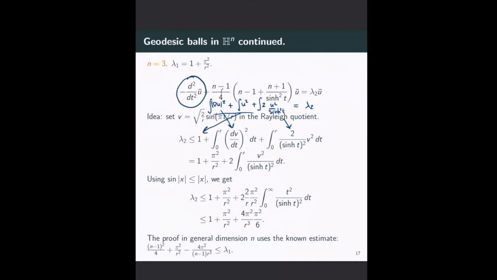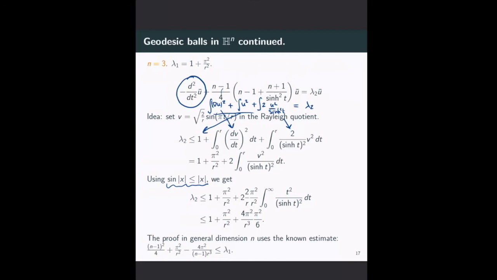And here I have 2v square over sinh t square. So remember, v is a sine. So if I use sine x is less or equal than x, then what is v square? If I approximate it, it's by what's inside.